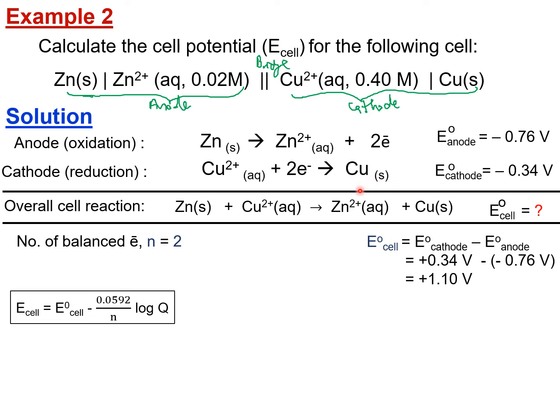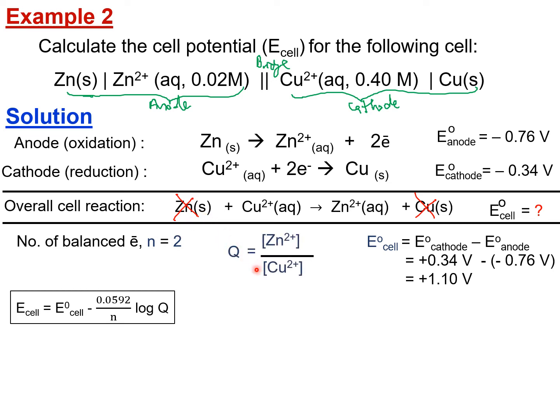Okay, and then how about Q? Q ni you kena refer dekat overall cell reaction. Okay, kat sini produk dia ada copper solid. This one we don't need this dekat Q, and also we don't need this as your reaction quotient.